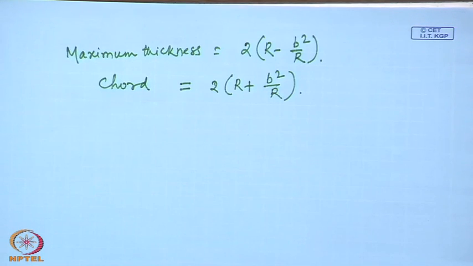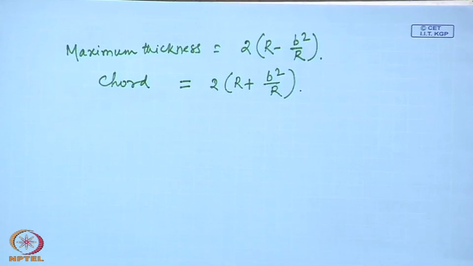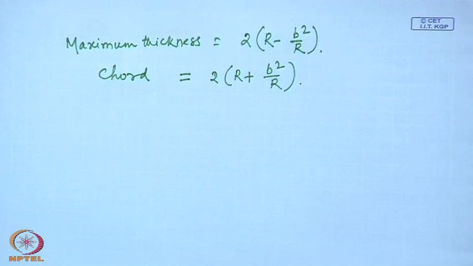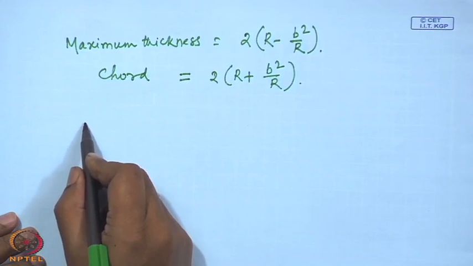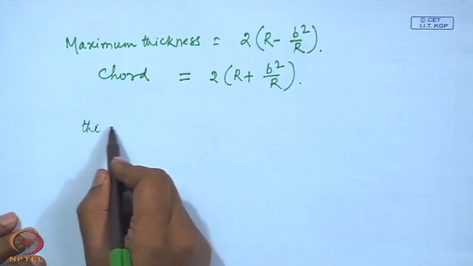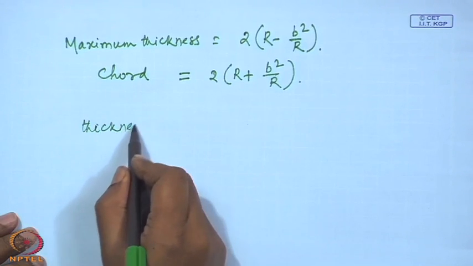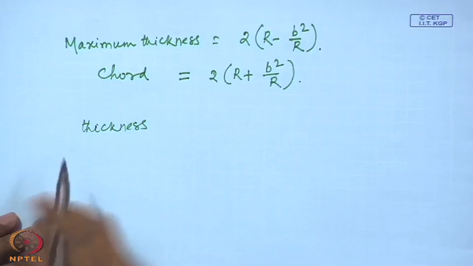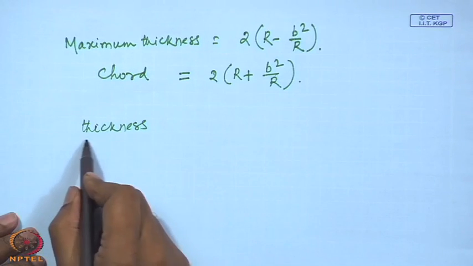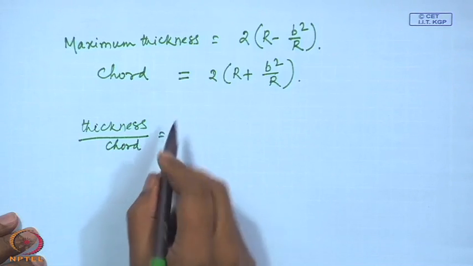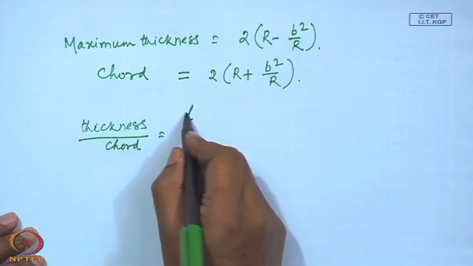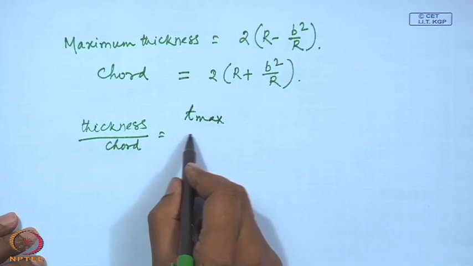and in analogy with the thickness to chord ratio for an airfoil, here also you can have a thickness to chord ratio, which is also called a fineness ratio. That is, by thickness we of course mean T max.